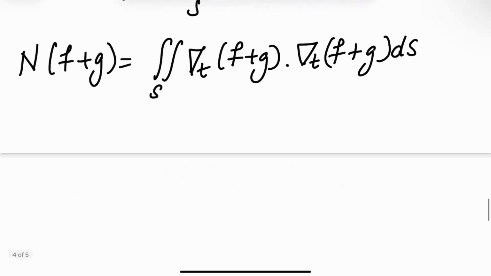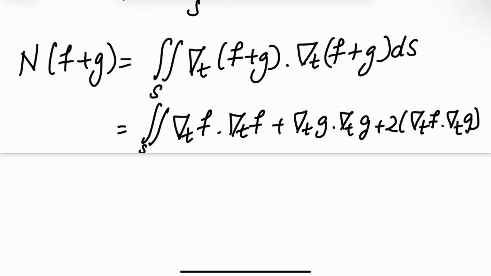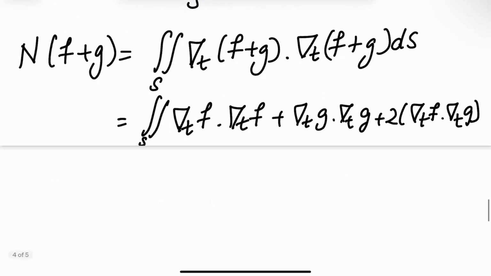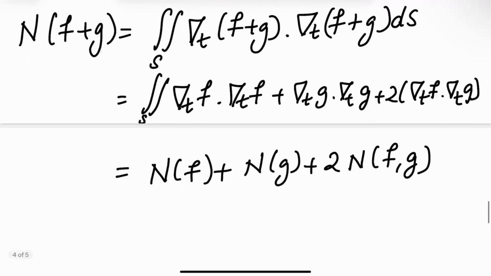This is nothing but, of course, the gradient can be distributed: del tf dot del tf plus del tg dot del tg plus 2 times del tf dot del tg, and the ds factors and so on, which I'm ignoring. So this is nothing but n of f plus n of g plus 2 times n of f comma g, based on our new definition of n. Okay?